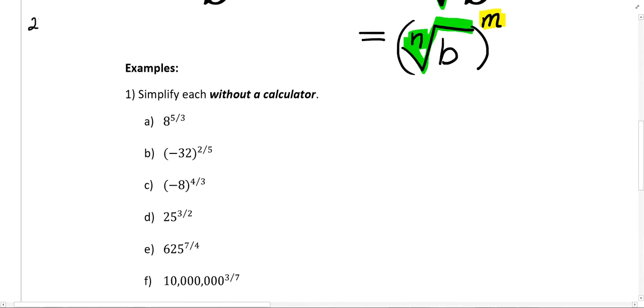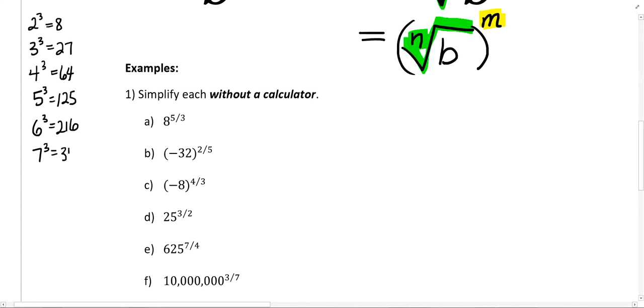So like 2 cubed is 8, 3 cubed is 27, 4 cubed is 64, 5 cubed is 125, 6 cubed is 216, 7 cubed is 343, and I think after that I don't remember them off the top of my head, but I will tell you that 10 cubed is easy. 10 to any power is easy because you just write a 1 and then the number of zeros.